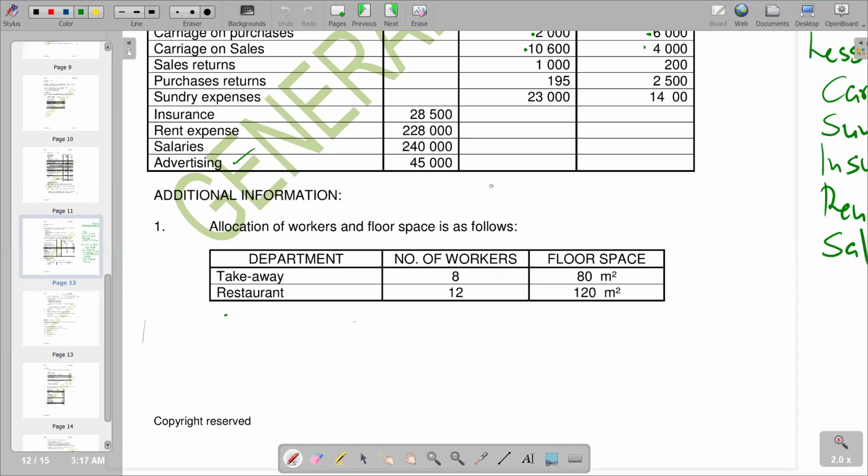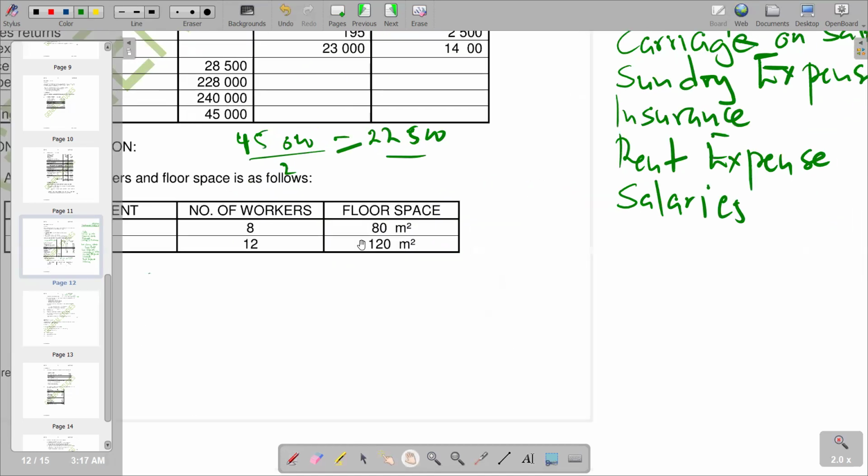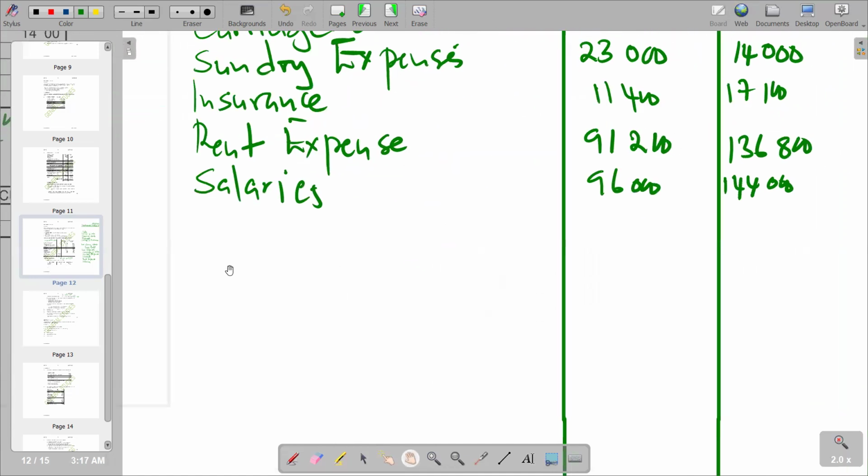And then we are going to say 45,000 divided by two. That's equally. And the figure that we're going to get for advertising is 22,500, which is going to apply for both departments. 22,500. So we go and put for advertising, we put 22,500.